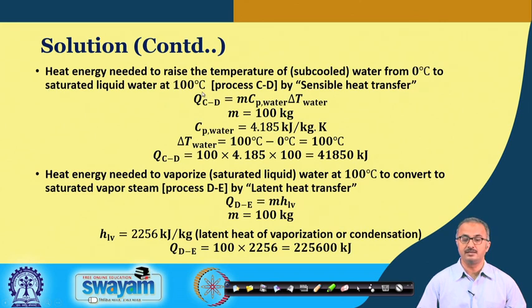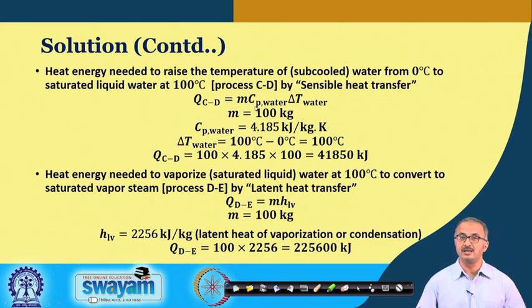water at 100 degrees centigrade at 1 atmosphere pressure, and here we are using the sensible heat transfer. So here it is computed by multiplying the mass with the specific heat of the liquid water and the delta T water. Please note that we are assuming the specific heats to be constant within the temperature range.